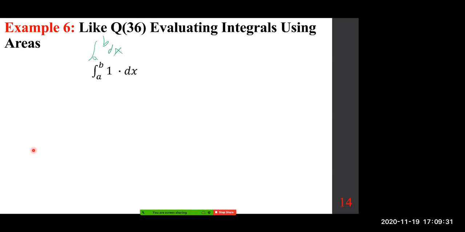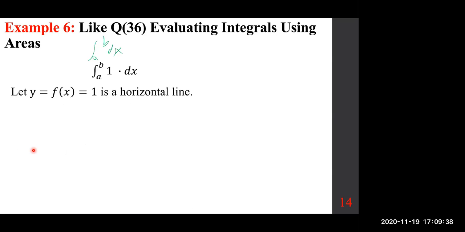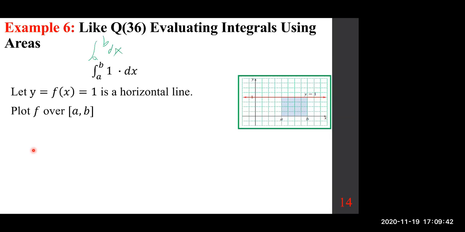I wanted to make sure you see that. And so you draw a horizontal line and you want to cover it from a to b. Now, a and b are just any numbers on the x-axis. We don't know, but b is larger than a.